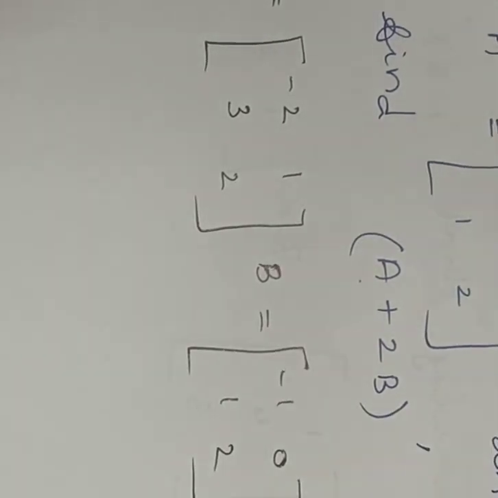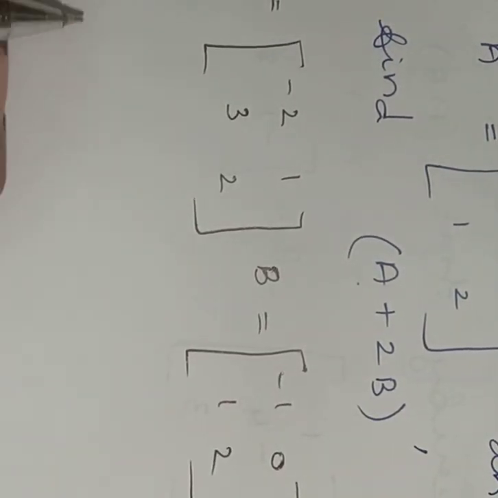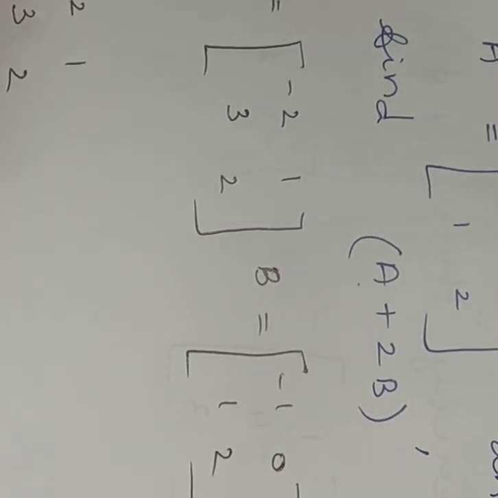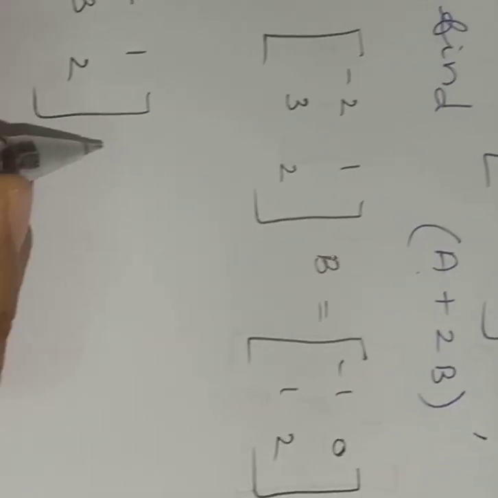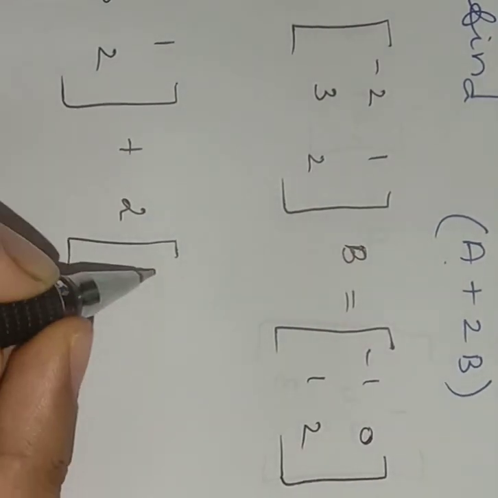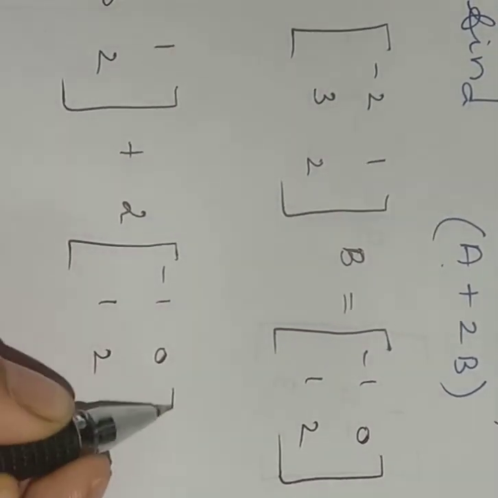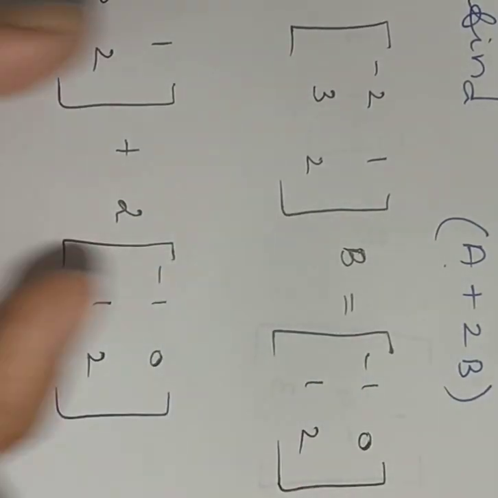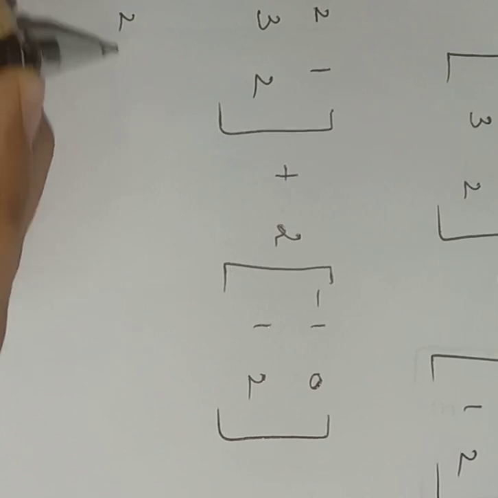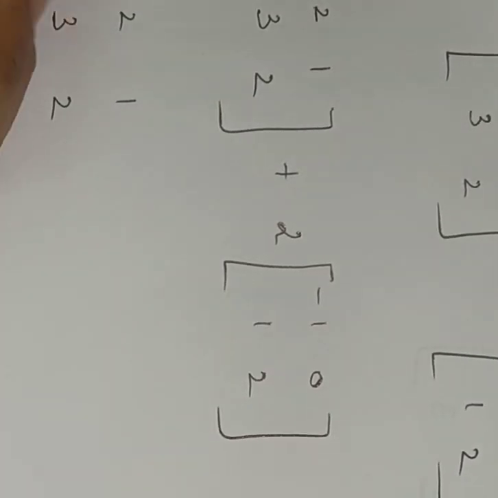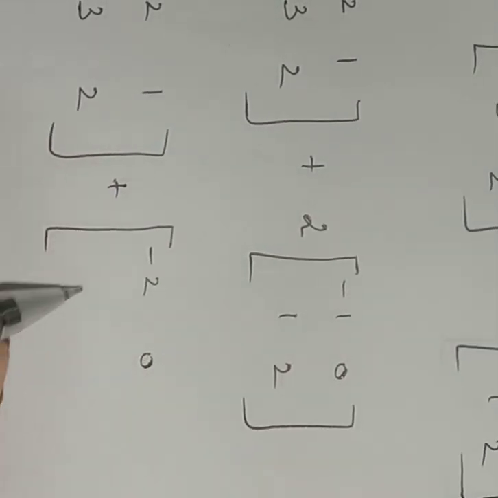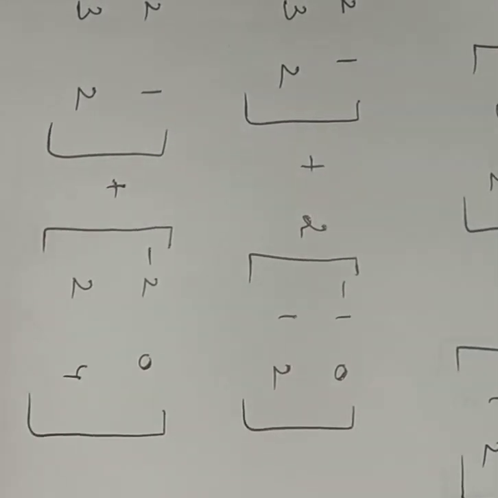A plus 2B the whole dash, right? So first you should find this. So A value is minus 2, 1, 3, 2. This is your A, and 2 into B. So 2 into minus 1, 0, 1, 2. I have not taken dash now. First I am simplifying what you have inside the bracket. So you will have minus 2, 1, 3, 2 plus minus 2, 0, 2, 4, right?